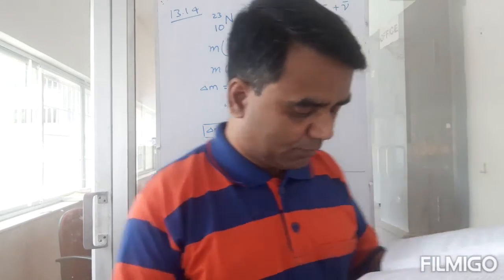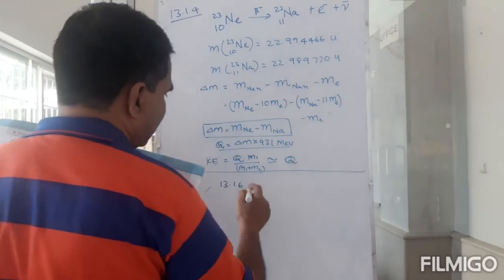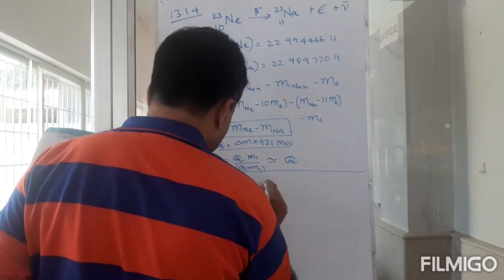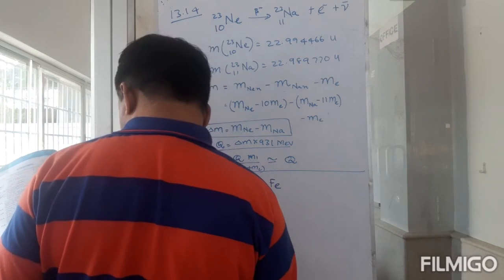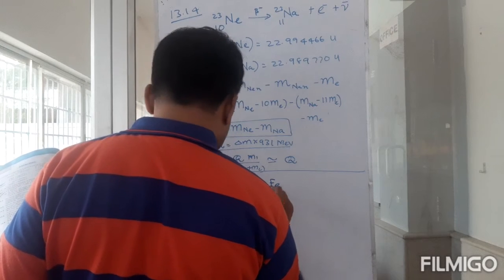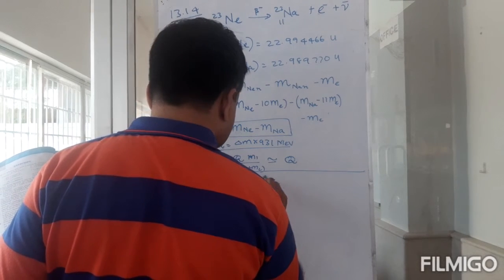The same idea. Let's say you have iron-56, with atomic number 26 and mass number 56.